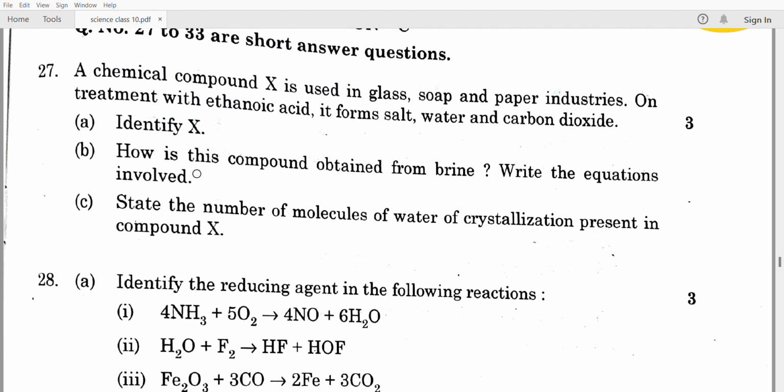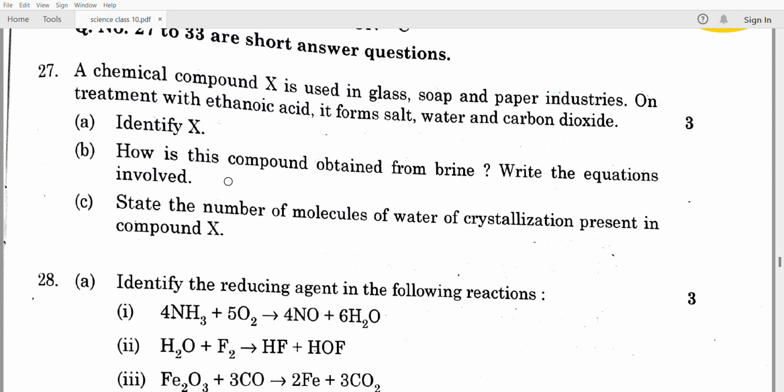In question B, there were equations involved. First, you have to write the chloralkali process equation. On passing electricity through brine: NaCl plus H2O gives NaOH plus Cl2 plus H2. Then NaCl plus H2O plus CO2 plus NH3 gives NaHCO3 plus NH4Cl, that is baking soda, and NaHCO3 on heating gives Na2CO3 plus H2O plus CO2.